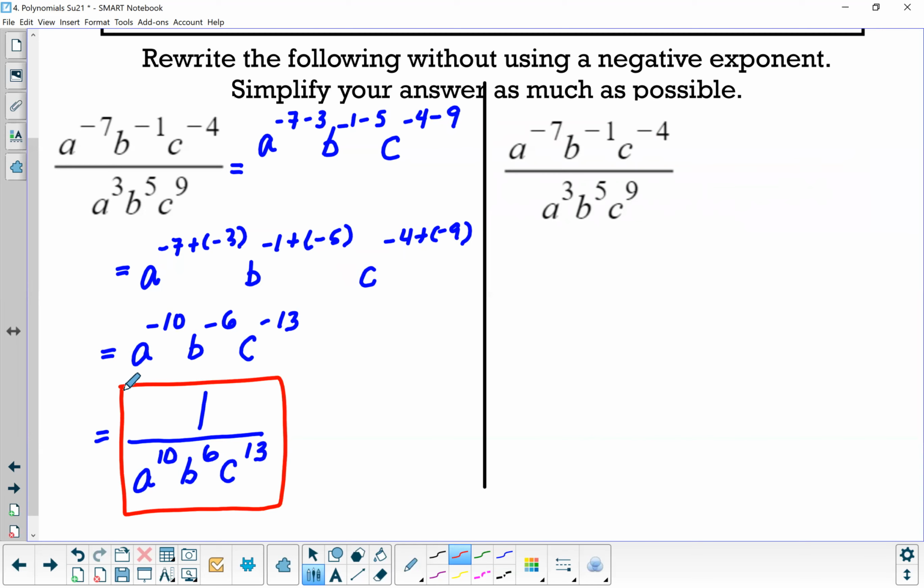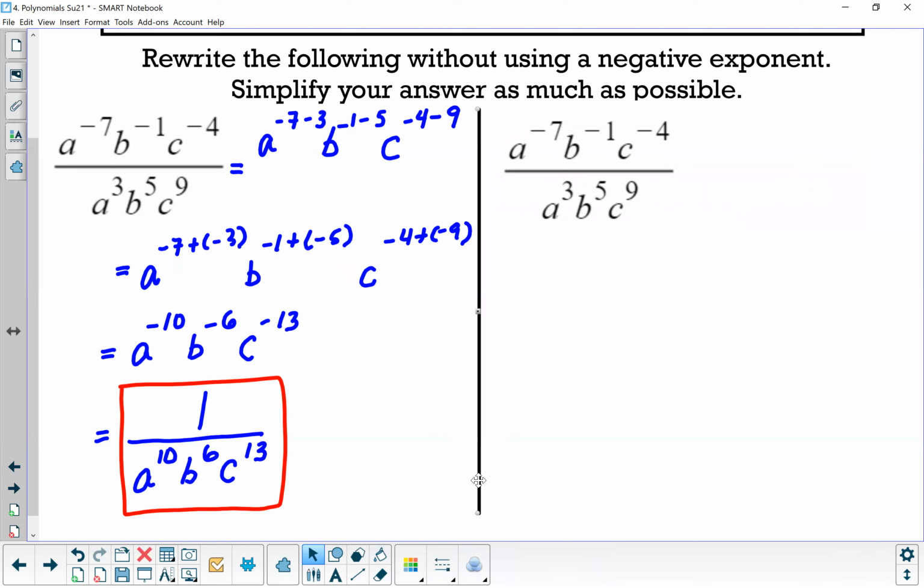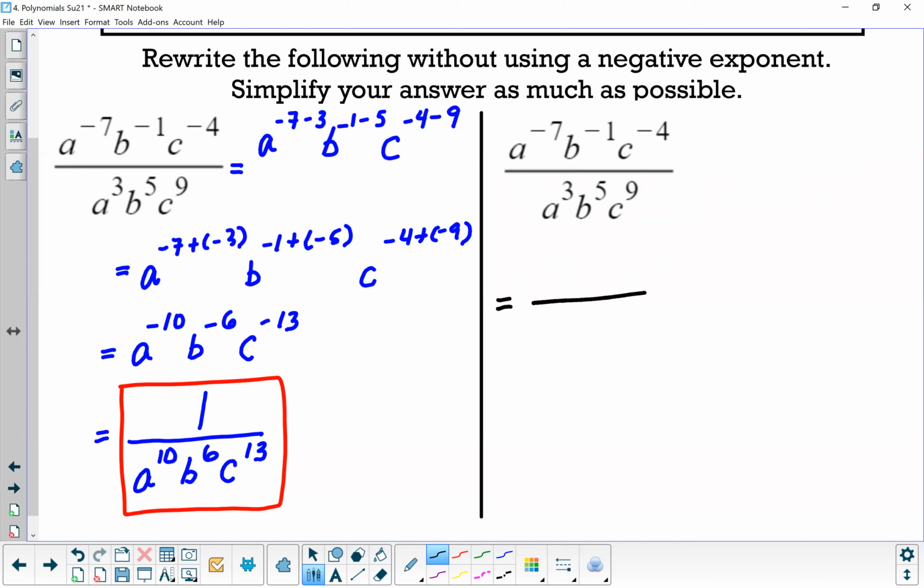Okay, let's rewind that. And we're going to do this again from the beginning, but this time I'm going to start by taking the reciprocal. So this is going to equal, I'm going to put my a cubed, b to the 5th, c to the 9th already in the denominator.